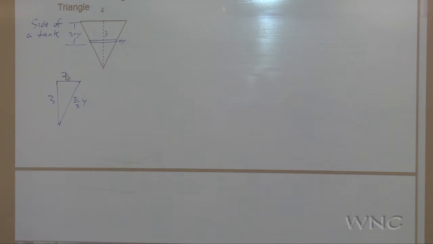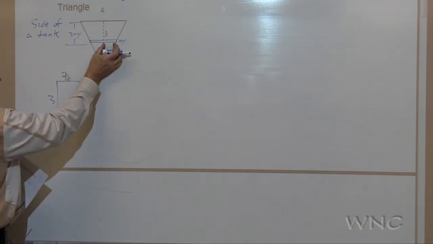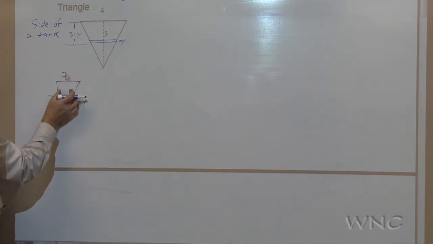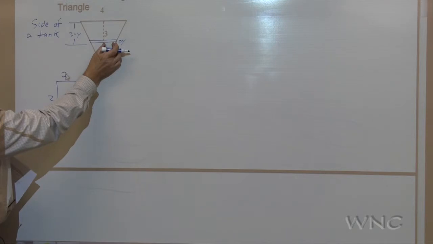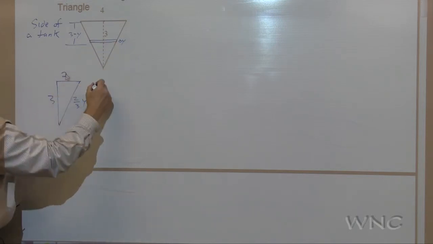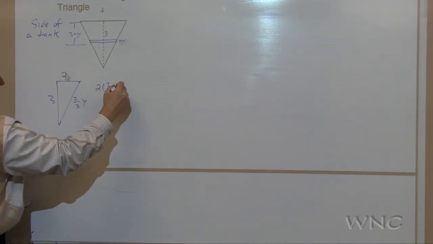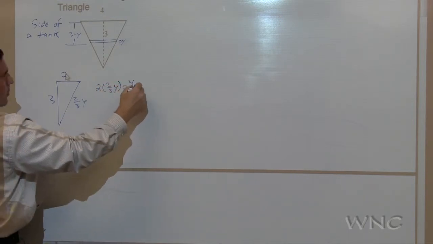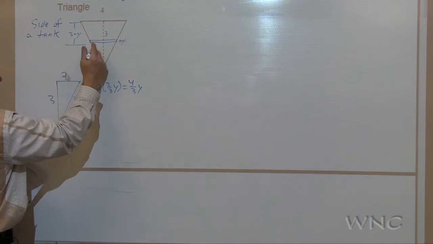Okay. So that would describe this side over here. Now, that describes the width. For that half, we have 2 halves to this. So 2 times 2/3 times y is going to be 4/3 y, and that's the overall width.